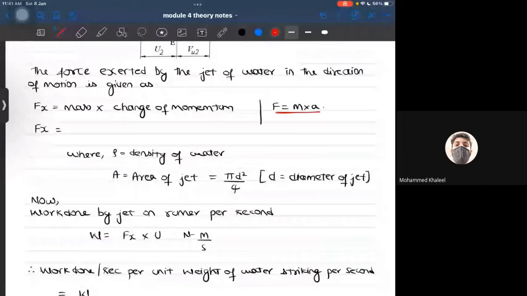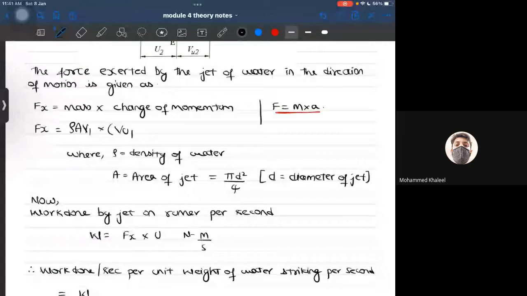So now mass you can take as rho A V1, the mass of the water which is striking, multiplied by the change of momentum, which is VU1 plus VU2.